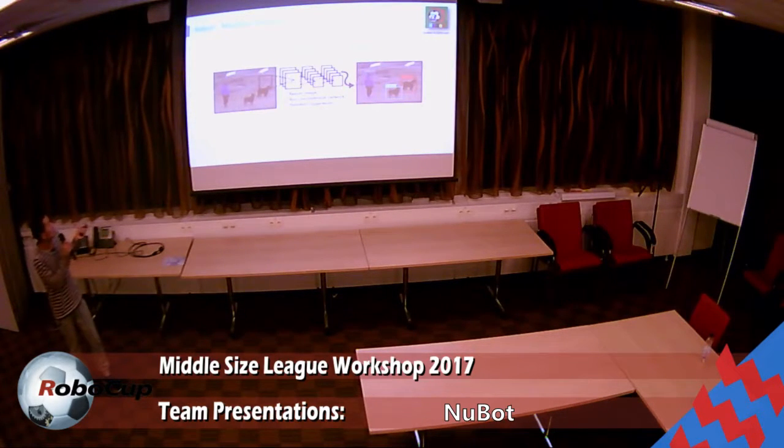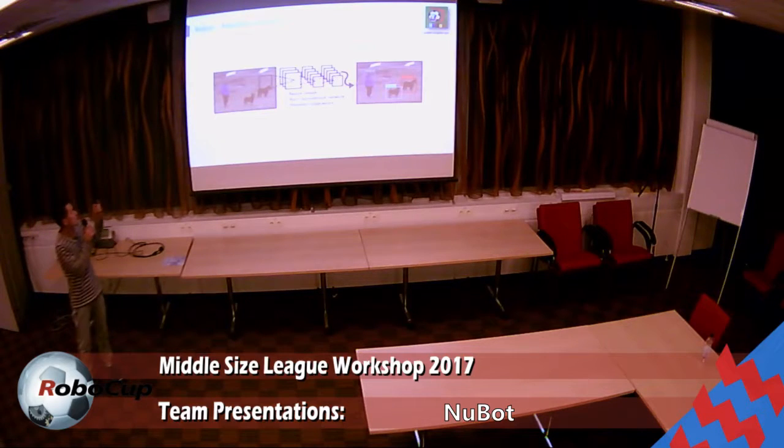The second subsection is that we try to use machine learning in our robots. We try to implement the YOLO framework. It is a unified real-time object detection framework based on a convolutional network.